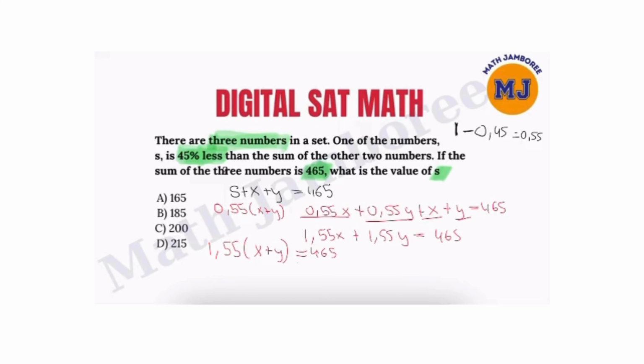And then we're going to divide both sides by 1.55. They both cancel each other out, so we have X plus Y left equals, you're allowed to use the calculator, by the way, 465 divided by 1.55 is 300. So X plus Y is 300.